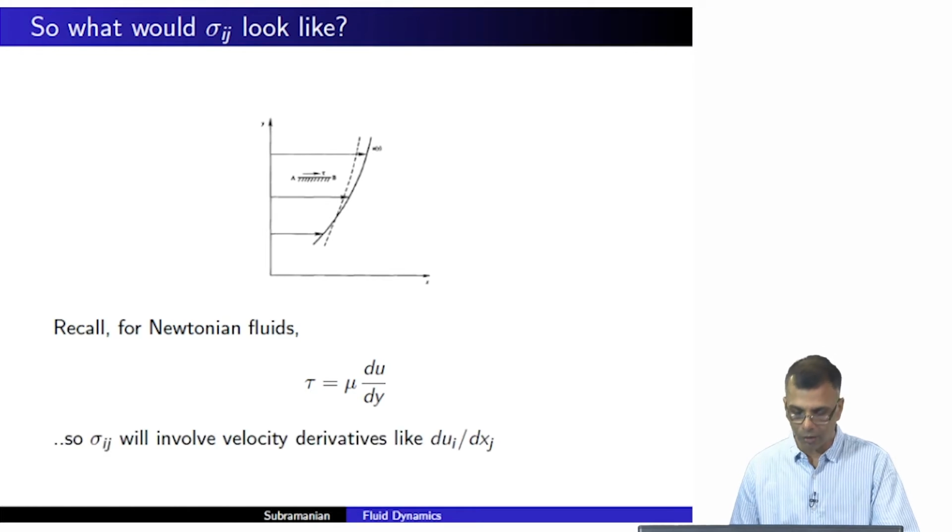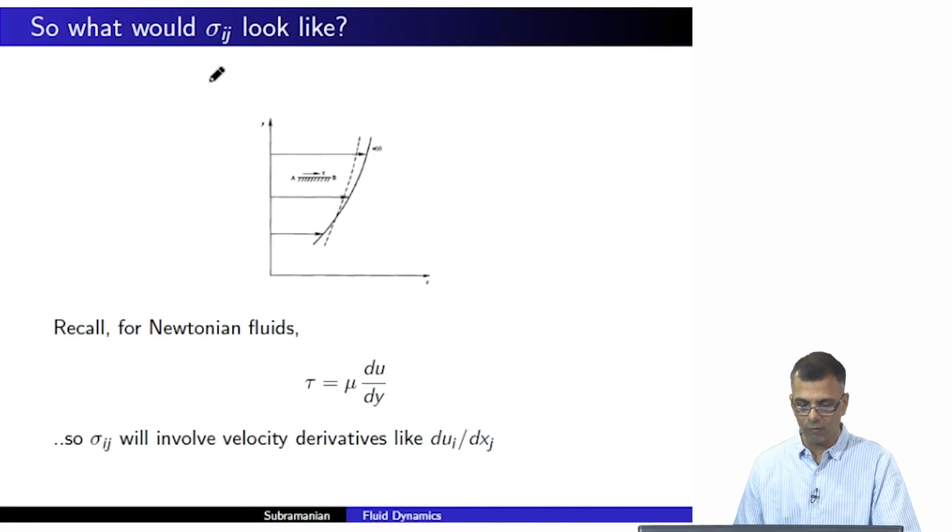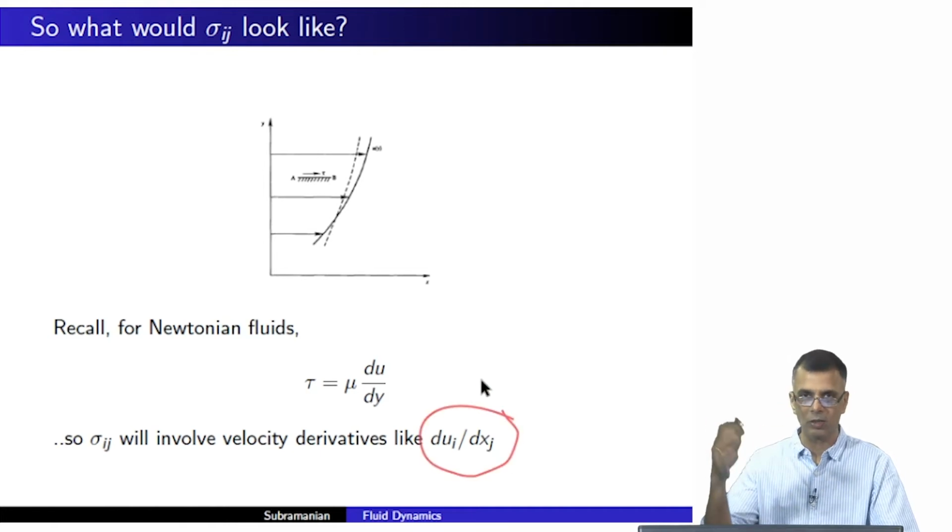Therefore, clearly, the sigma ij's, these off-diagonal terms, will involve velocity derivatives like du_i/dx_j, where i and j can be any of x, y, and z.